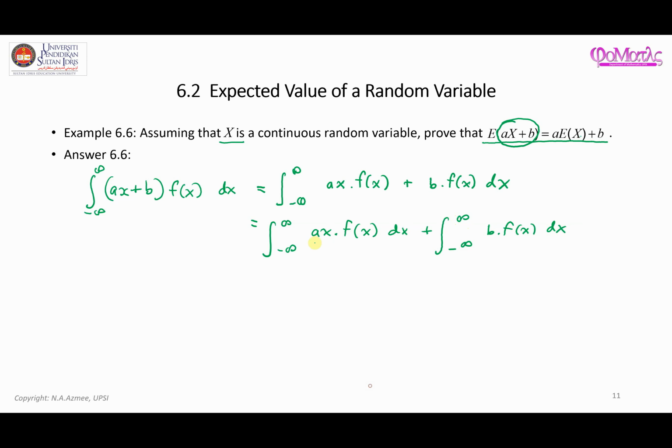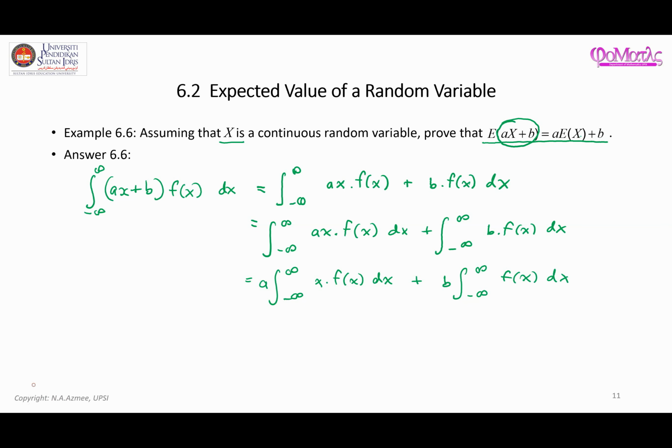Recognize that a here is a constant, so you can take it out. Again, with the same idea, b is a constant, so take it out. And what is this thing?